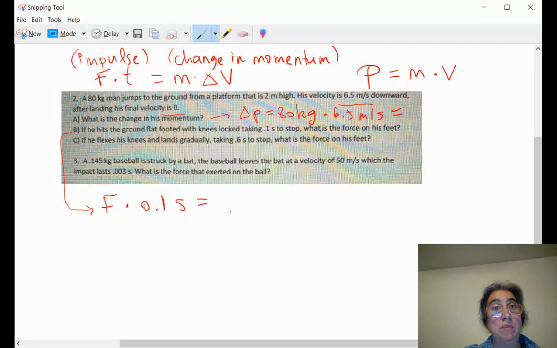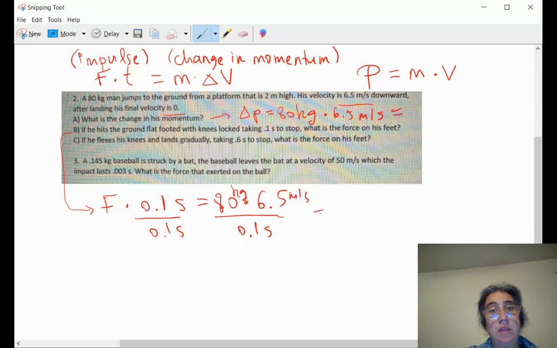And that would be equal to the mass of the man, 80, times the change in velocity, which we just discussed, is 6.5. And here's the time, so we need to divide each by 0.1 seconds. And let's not forget the units of measurement for the other one. Okay, there you go. And the final answer would come as, let's do a division, 80 times 6.5 all divided by 0.1.